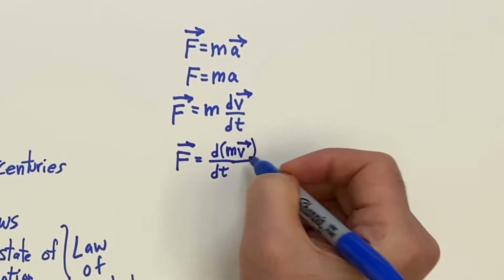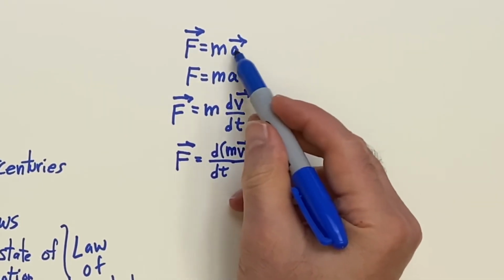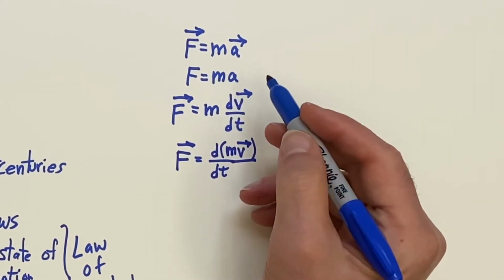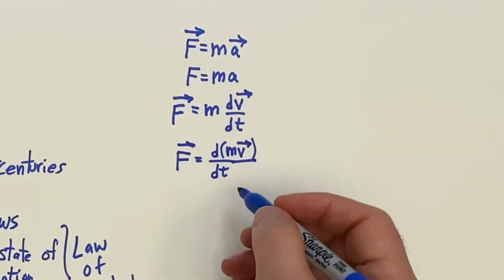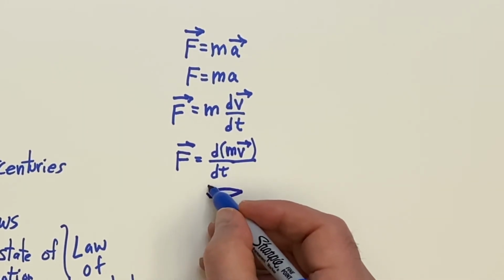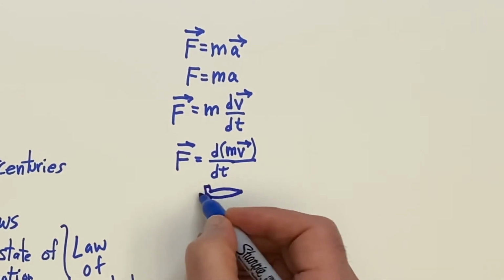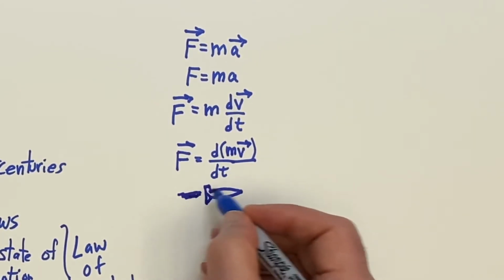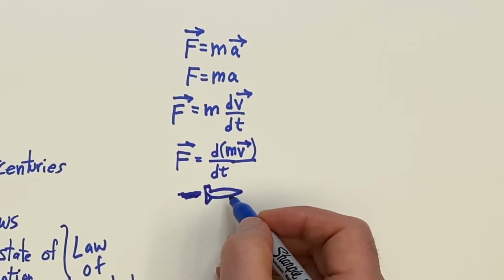That's the more general rule than this one here, where the m was a constant, you pulled it out. Now, most of the time it's going to be a constant, but it's not a constant in a rocket problem. For example, if you have a rocket here, shooting out mass like this, then the mass is decreasing.